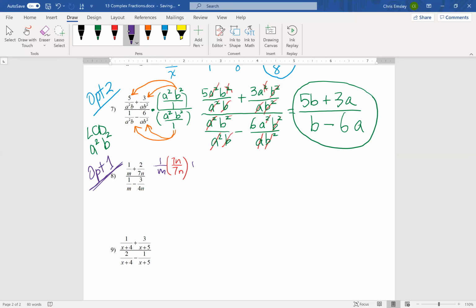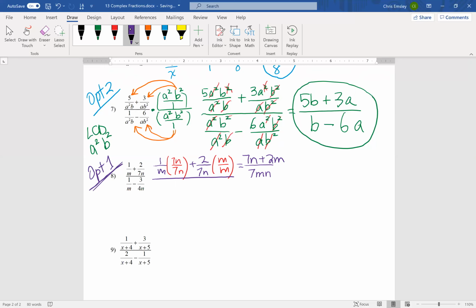And then I take my 2 over 7n and multiply that by m over m. Again, right here, I'm just getting a common denominator on the top. So I have a common denominator now of 7mn, and then the math across the top is just 7n plus 2m.